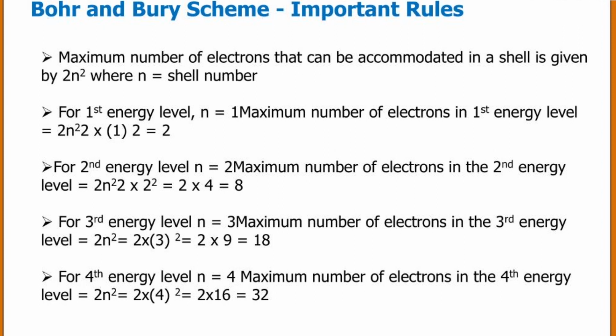So when you substitute the number of the shell in this formula, the K shell can accommodate a maximum of 2 electrons, the L shell can have a maximum of 8 electrons, the M shell can have a maximum of 18 electrons, and the N shell can have a maximum of 32 electrons.